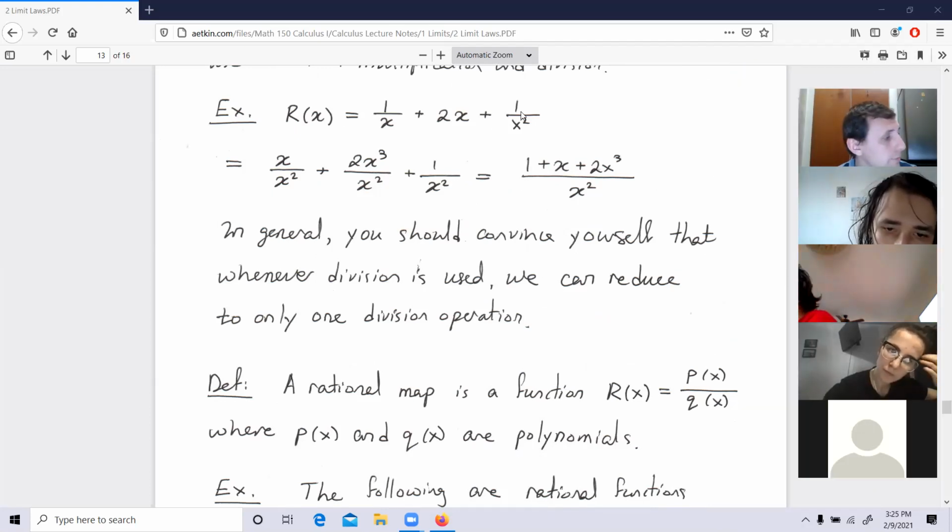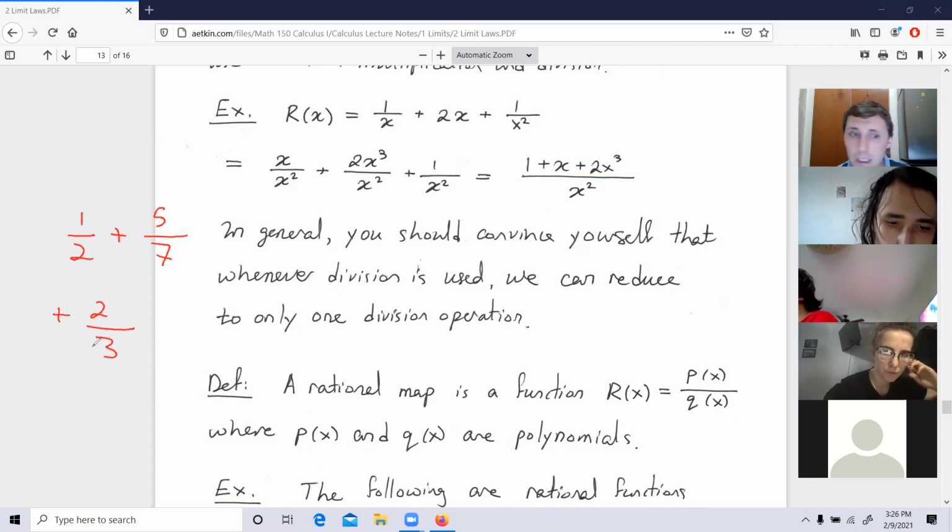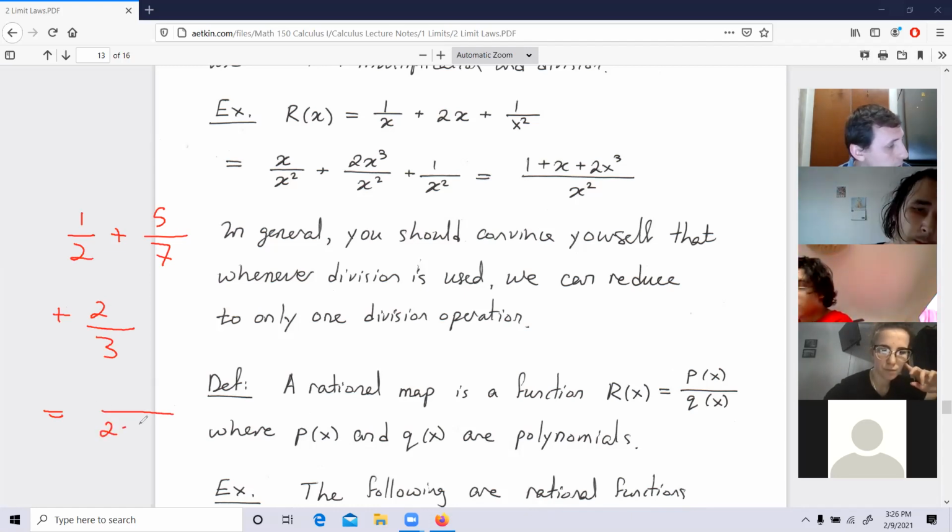When you had something like 1/2 plus 5/7 plus 2/3, right? What do you do? You convert the denominator. So with the 2, you have 2 times 3 times 7, and so here you have 1 times 3 times 7, plus 5/7. So you have 5. We have a 7 here.